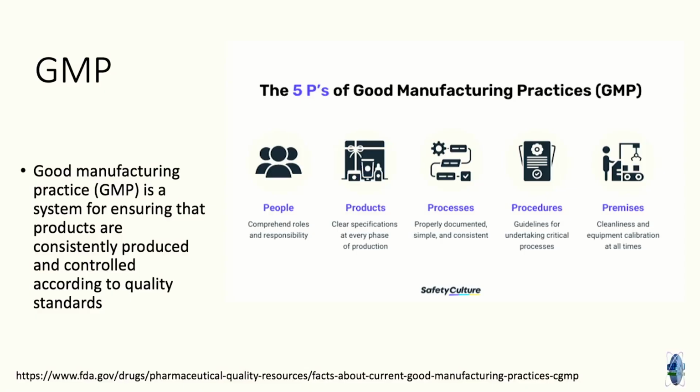The role and responsibility of each person should be clearly defined: who is doing what and responsible for what. People is the first and most critical requirement parameter for GMP.